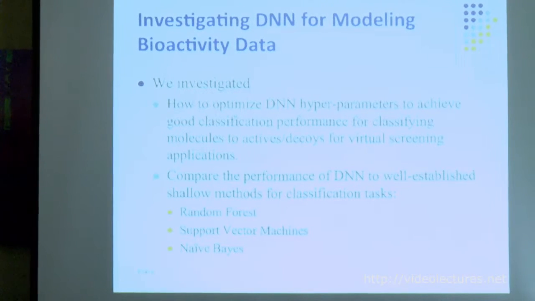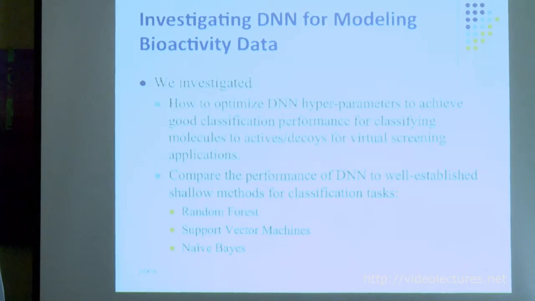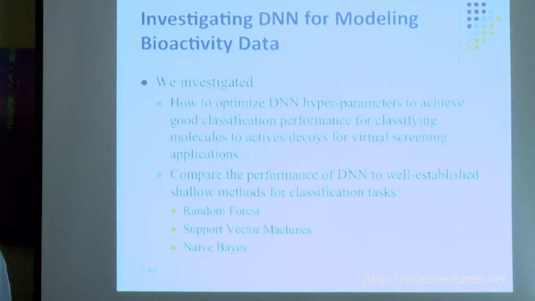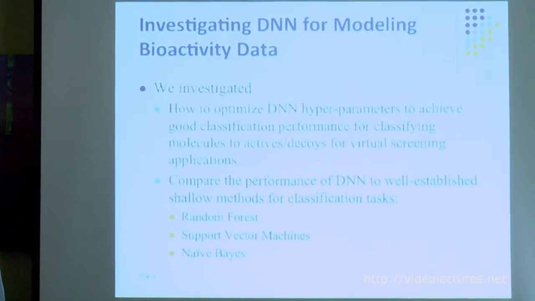So what we investigated is that we asked 2 questions. One is that if we optimize deep learning and also other machine learning algorithms like random forest, support vector machine, Naïve Bayes, or even the graph kernels, for people working on graph kernels, you know that cheminformatics is one of the driving applications for graph kernels.